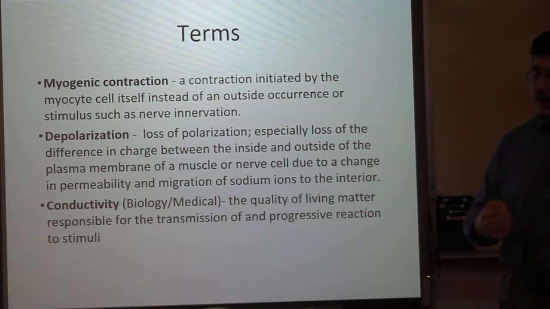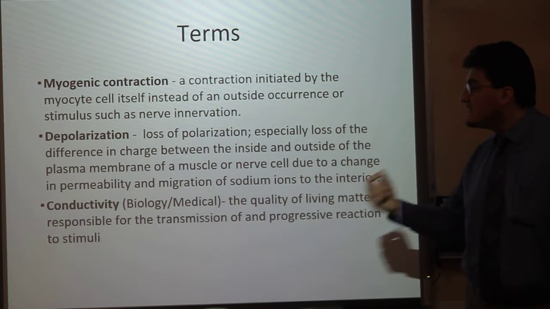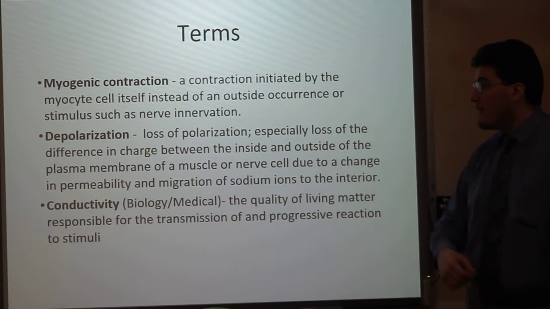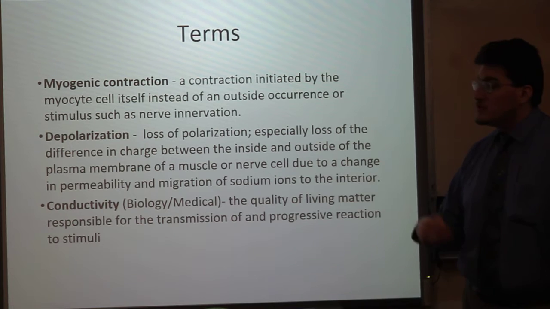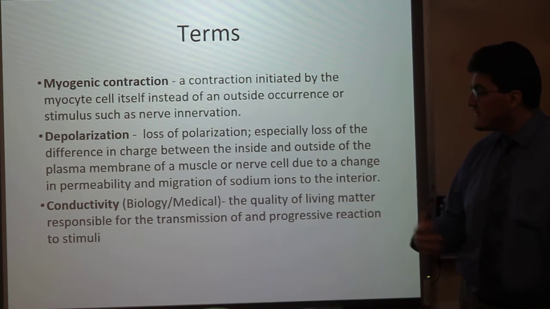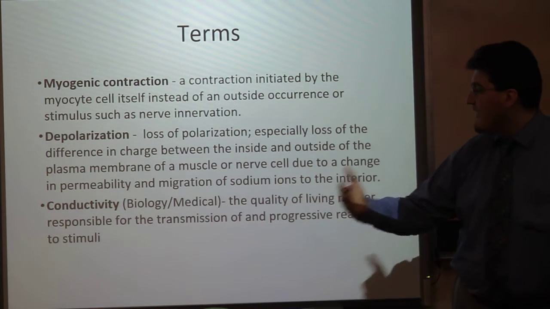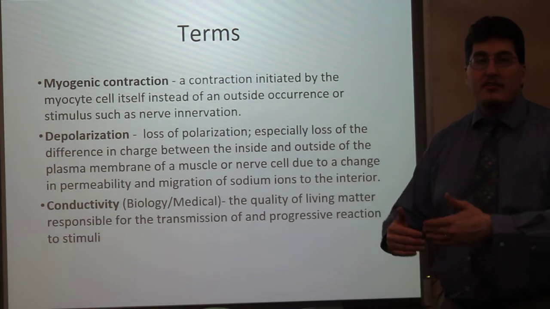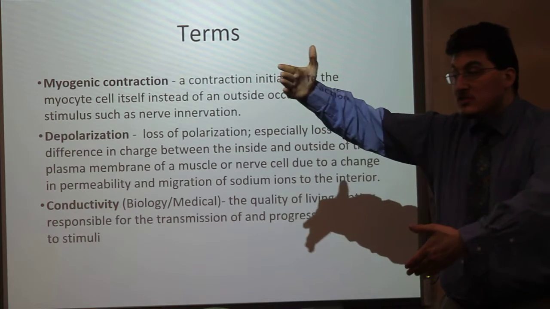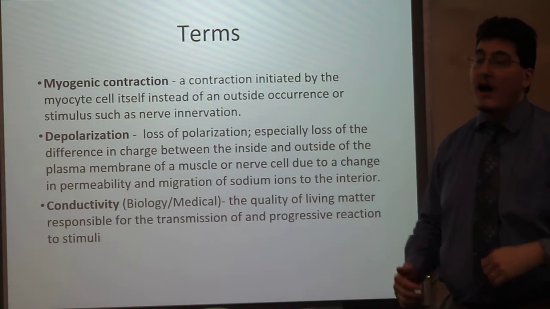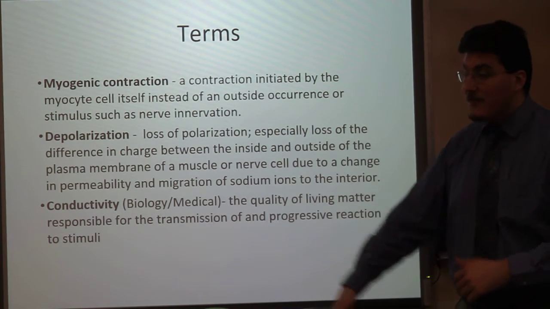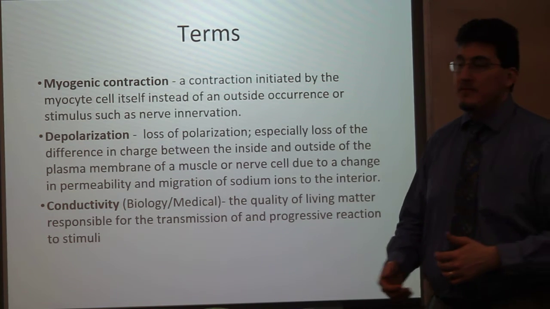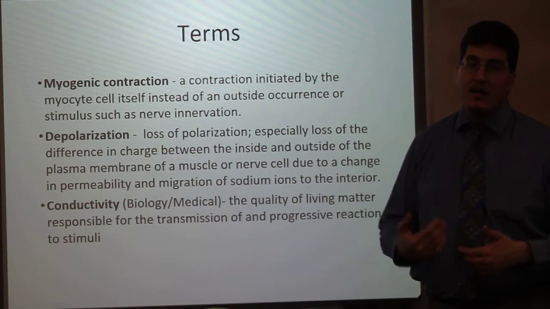So especially the loss of a difference in charge between the inside and the outside of the plasma membrane of a muscle or a nerve cell, due to a change in the permeability and migration of sodium ions to the interior of that cell. So when you suddenly switch what ions are inside and outside of the cell, that will be depolarization.